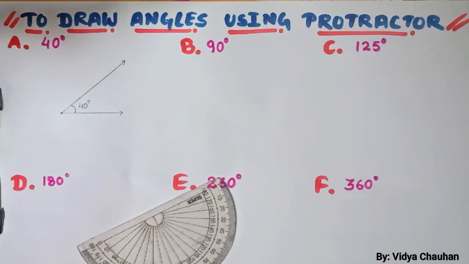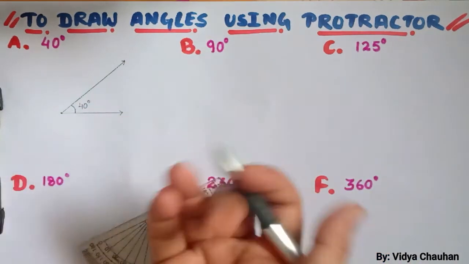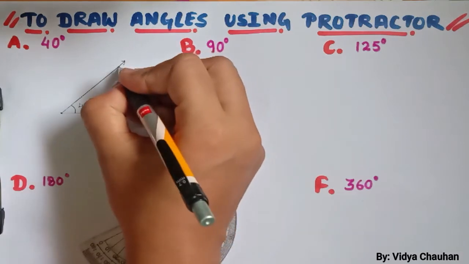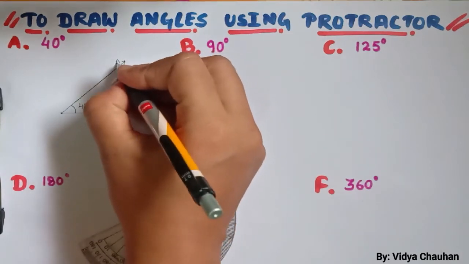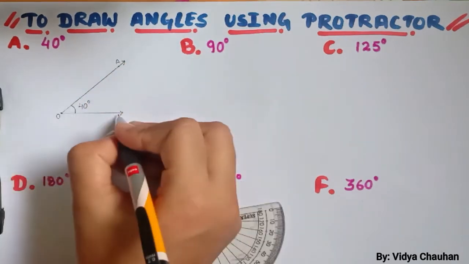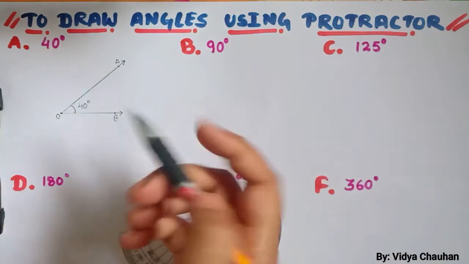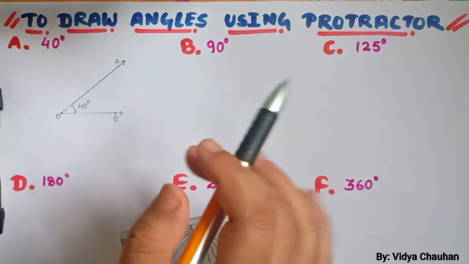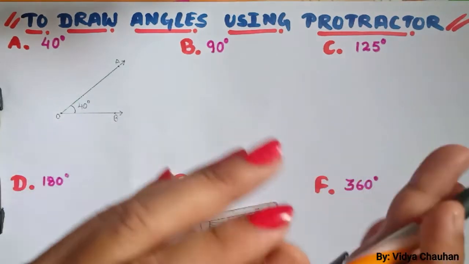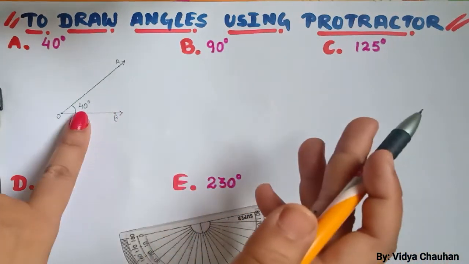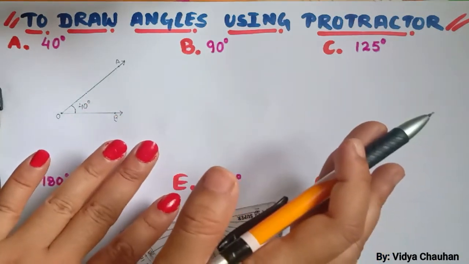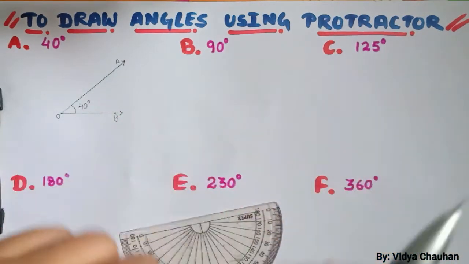So this is our first angle. If you want to name this angle, you can name it angle AOB, or you just leave it as 40 degree angle. If the question says to name the angle, then you will name it. Otherwise you can simply draw the angle and write 40 degree.